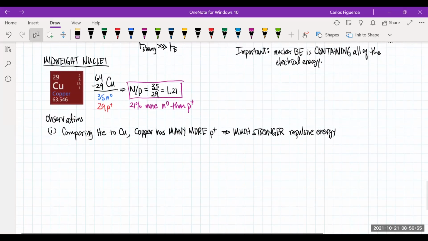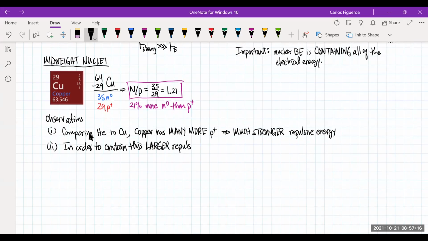So in order to contain this much stronger, larger repulsive energy, more neutrons are required to glue the nucleus together.